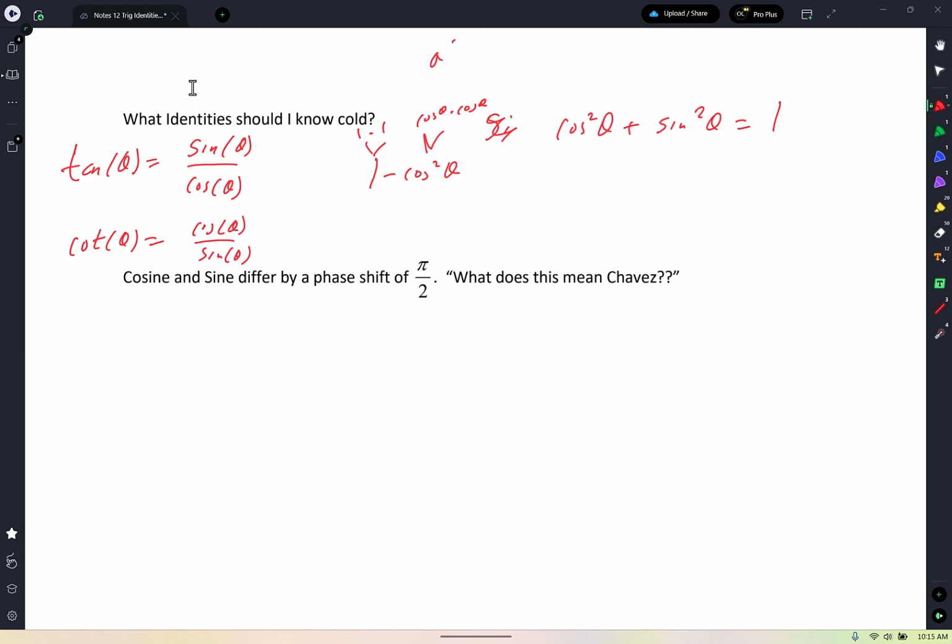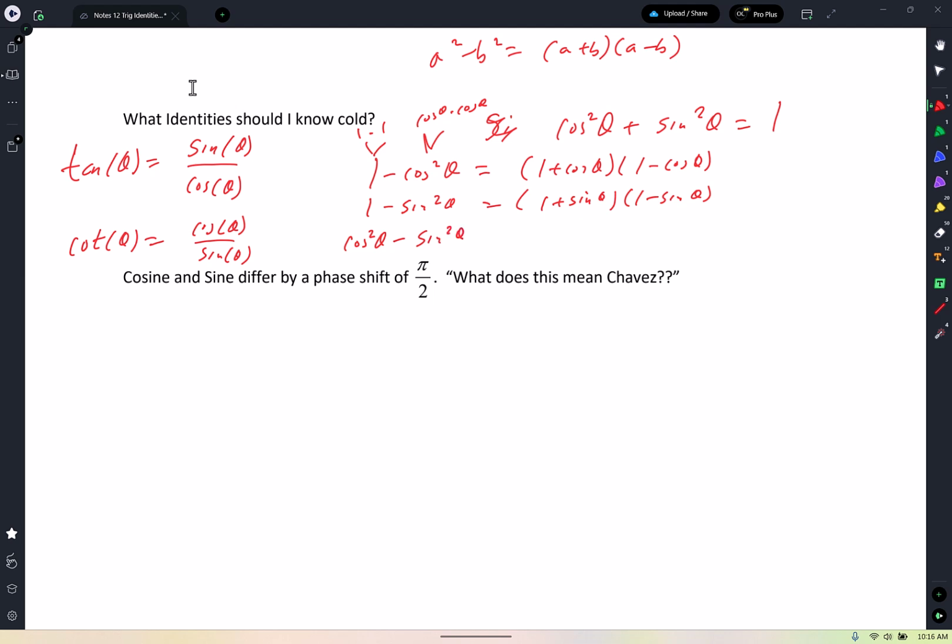That's the difference of squares: a squared minus b squared equals a plus b times a minus b. So we should know that that is the same thing as 1 plus cosine theta times 1 minus cosine theta. And it's true for all of them. 1 minus sine squared is 1 plus sine theta times 1 minus sine theta. And then heck, just for kicks, cosine squared theta minus sine squared theta.